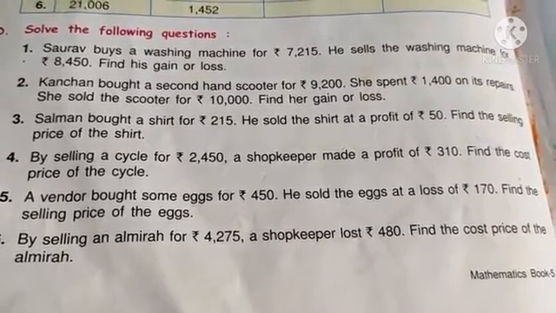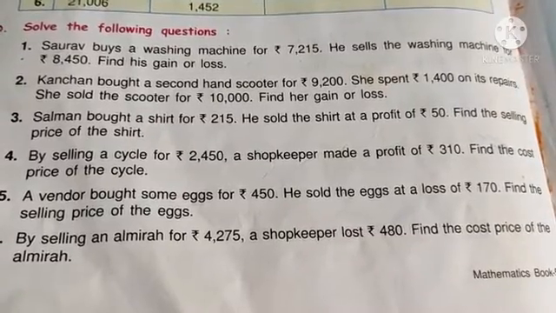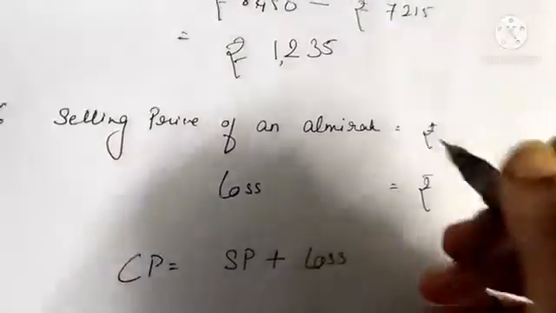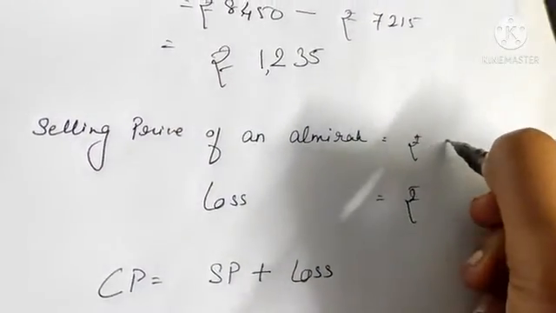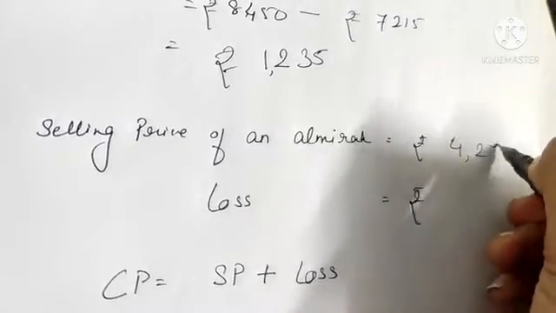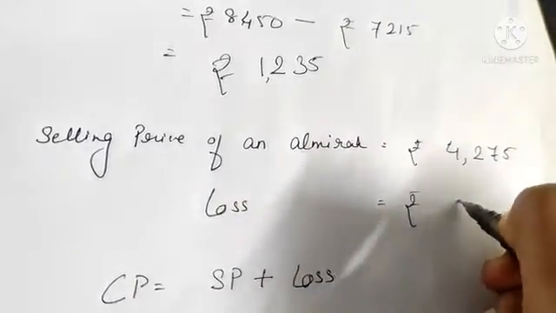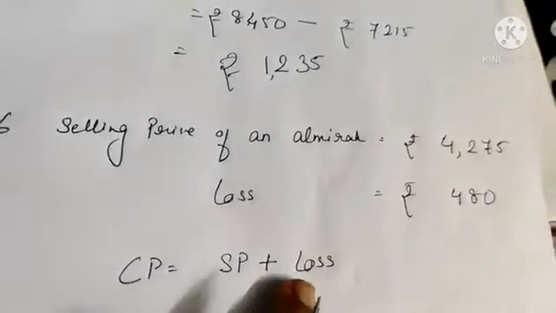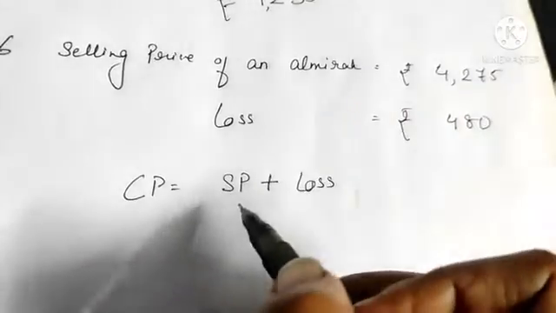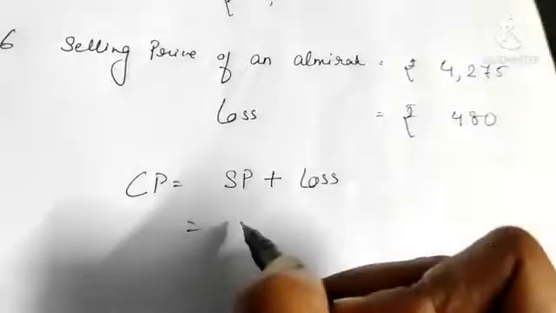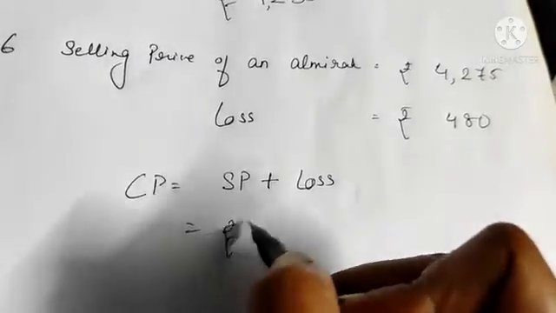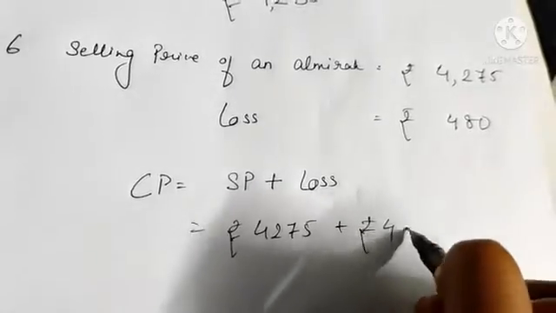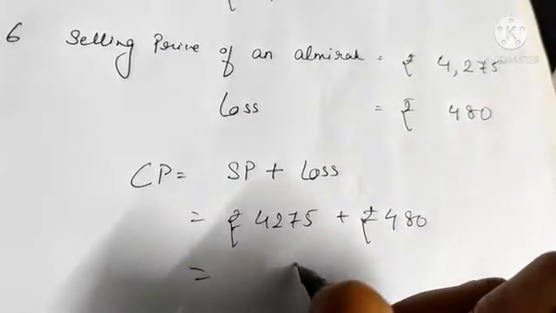So the cost price is equal to selling price plus loss. So here selling price of an almirah is rupees 4,275 and he suffers loss of rupees 480. So cost price equals selling price plus loss, is rupees 4,275 plus rupees 480.